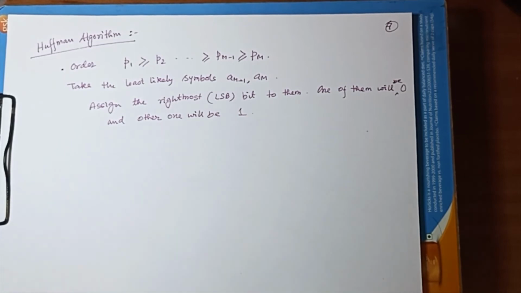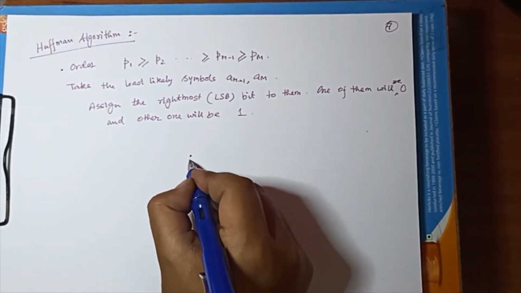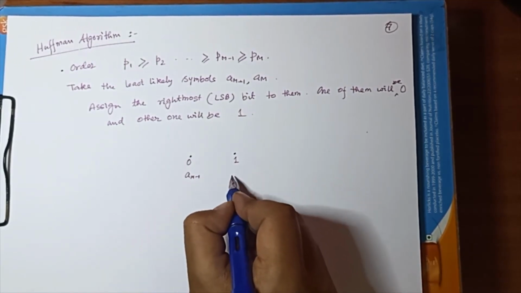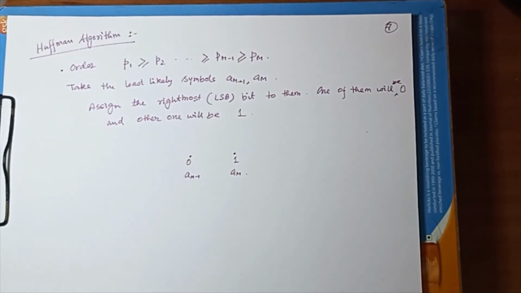Once that is done, I move on. Suppose this is 0 for a_{m-1} and for a_m it is 1. These have the two least probabilities.